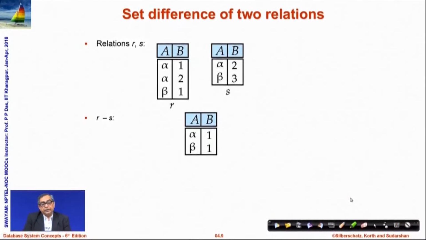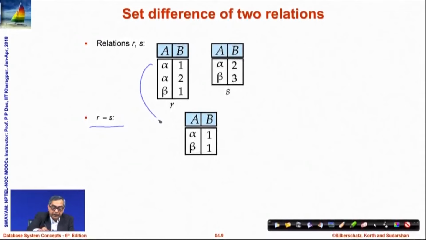The fourth operation is doing a set difference. It works simply as set theoretic difference. Again, the two relations must have the same set of attributes, and I can do a difference R minus S, which means that all tuples which exist in R, but do not exist in S will be included.